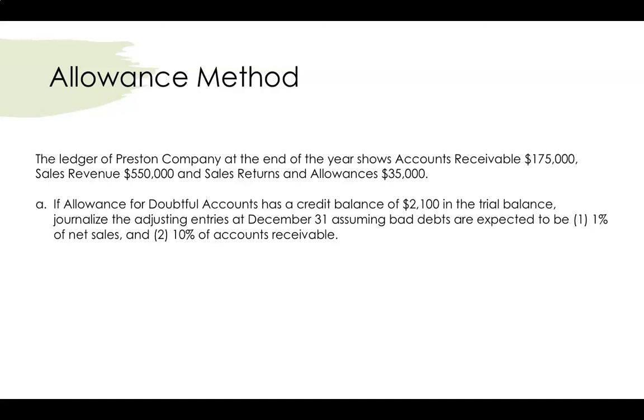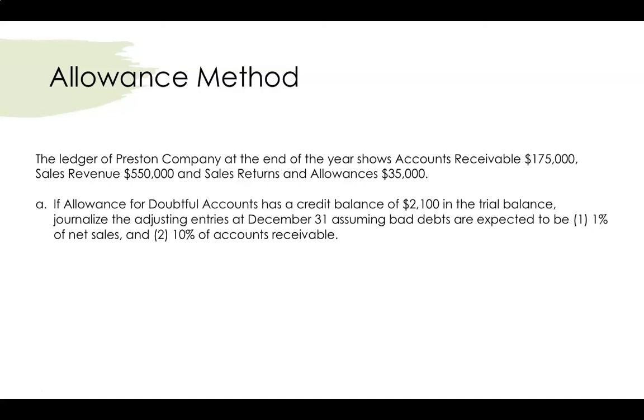If allowance for doubtful accounts has a credit balance of $2,100 in the trial balance, journalize the adjusting entries at December 31st, assuming bad debts are expected to be 1% of net sales, and then we'll do this again, assuming that bad debts are expected to be 10% of accounts receivable.